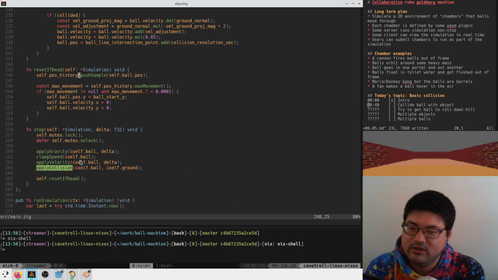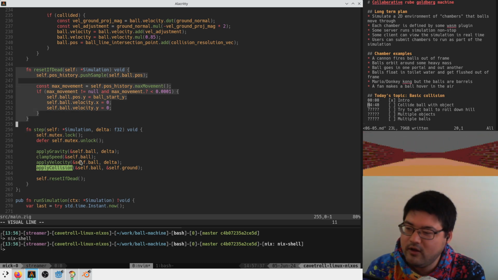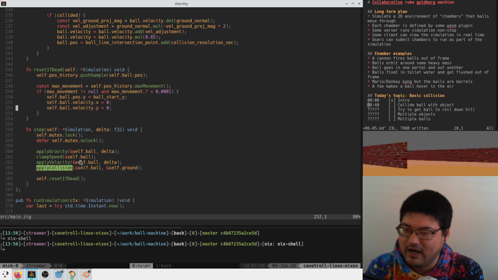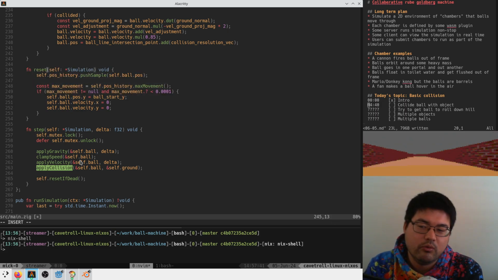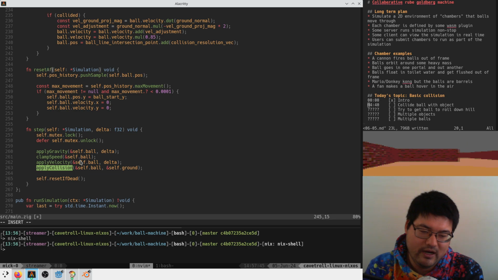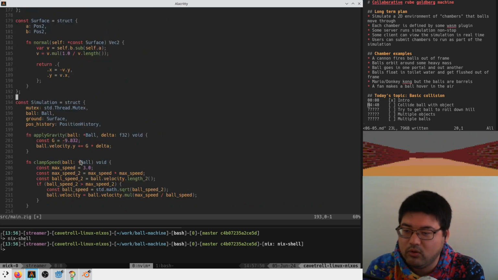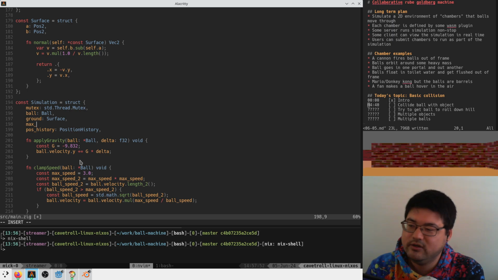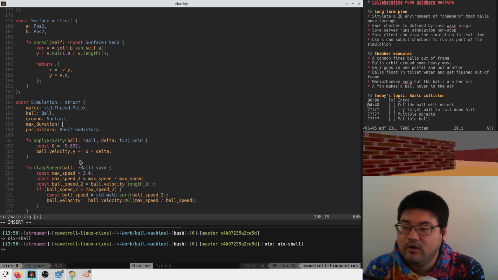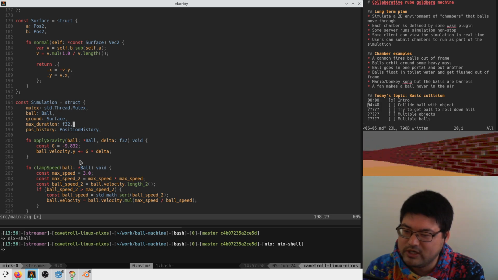Let's reset the simulation. Before, we were resetting if we didn't see movement for like 10 frames or something. But instead, let's just reset it after some amount of time. So reset after timeout. And maybe our simulation will hold some sort of max duration, in seconds.